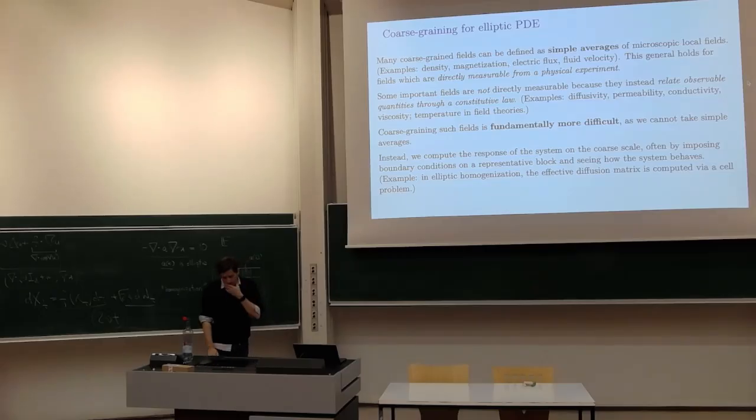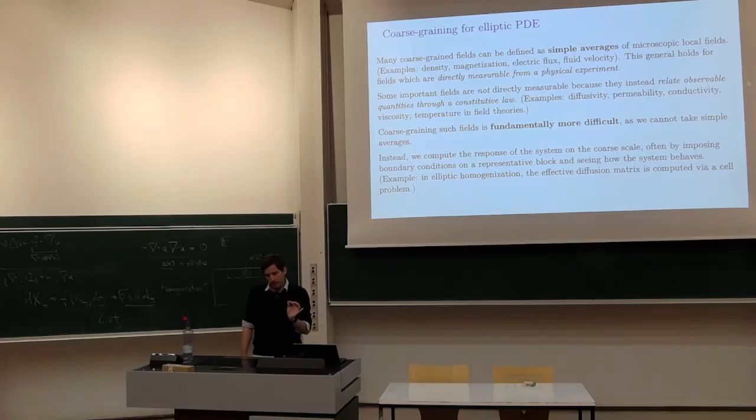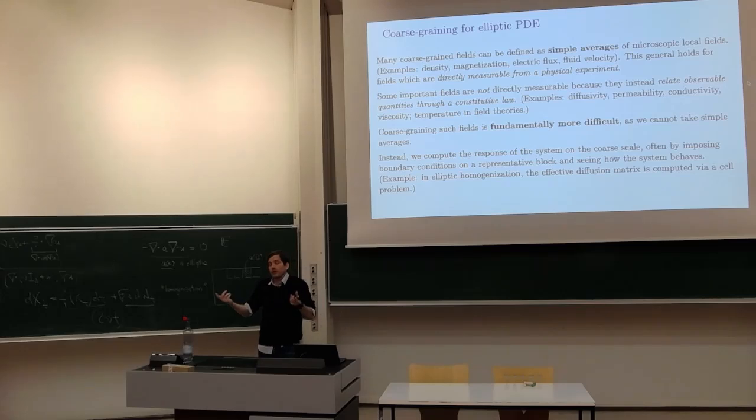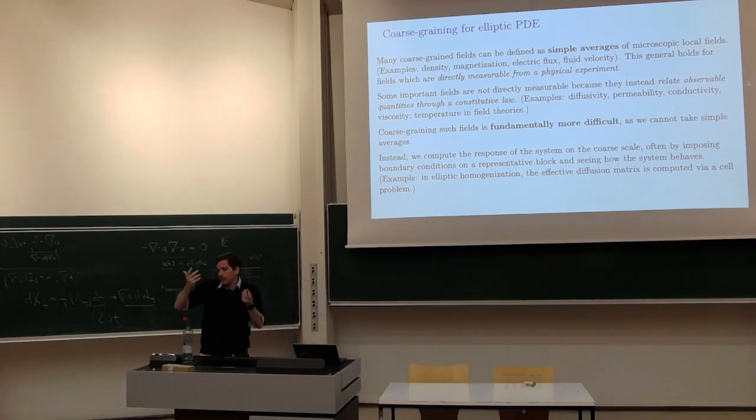Many times when you do this, the thing you're coarse graining is itself a physical measurable quantity, and therefore when you coarse grain it, you really are just averaging. So if you want to show a cloud of particles converges to some measure, you usually look at the number of particles in a box and count them, and that's the coarse-grained object.